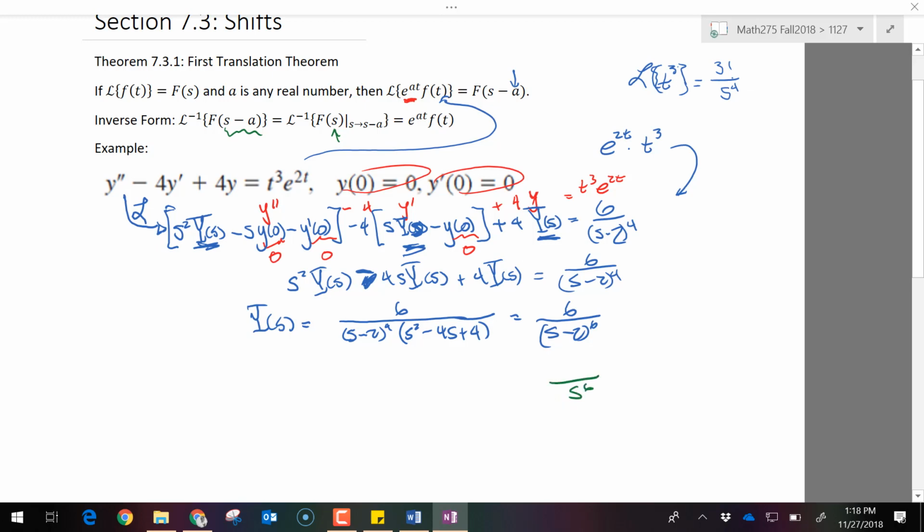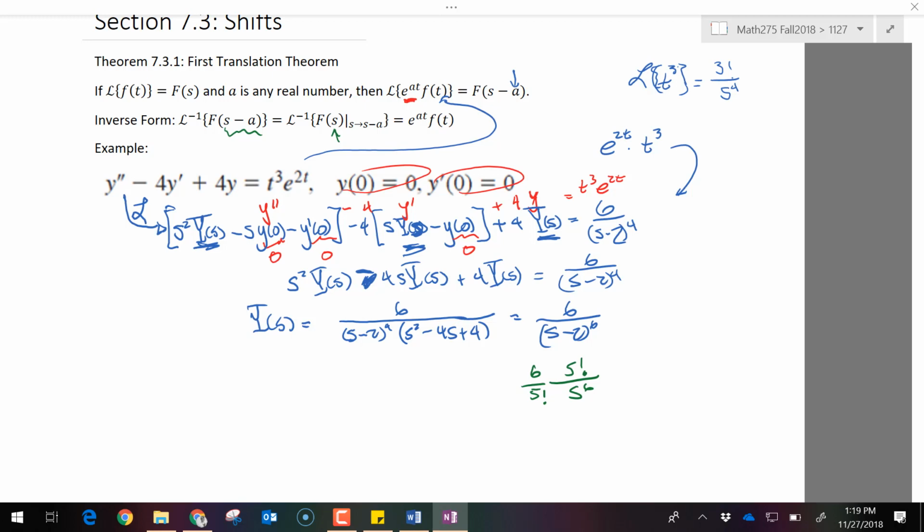So s to the 6th, and what do I want in the numerator? I want 5 factorial in the numerator, right? So I need to divide by 5 factorial and then have the 6 that was originally there. So 6 divided by 5 factorial is my constant that's sitting out.